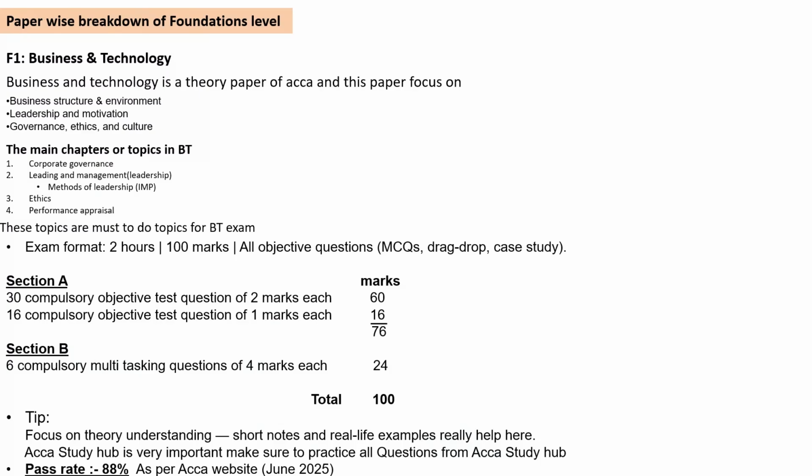So the total of section A is 74 marks, and for section B you have 6 compulsory multitask questions of 4 marks each, which makes 24, and the total marks of your paper is 100.